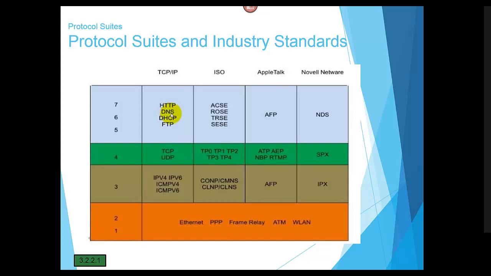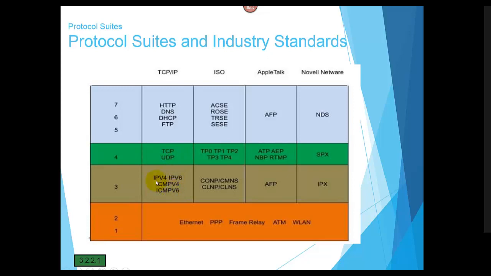I don't type in whatever their physical address is, their IPv4 or IPv6 address. Most people couldn't remember that. DHCP is another one that's going to give out individual IP addresses at your location. FTP, file transfer protocol. When you go down to layer 4, transport, the TCP and UDP. UDP is the unreliable one. A lot more about that in future chapters.